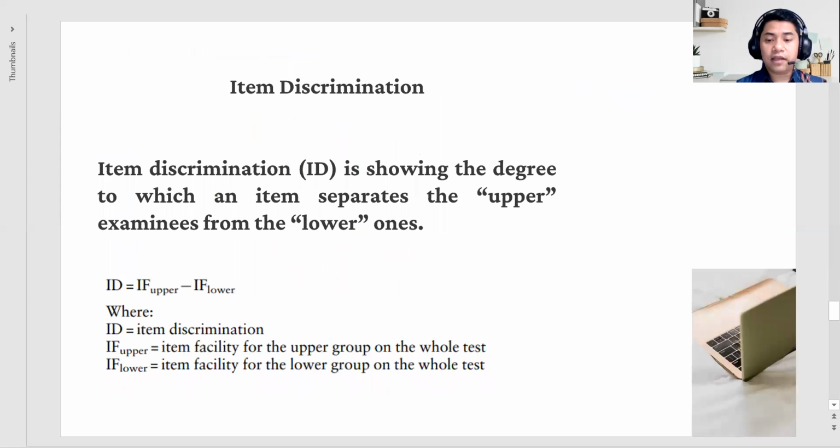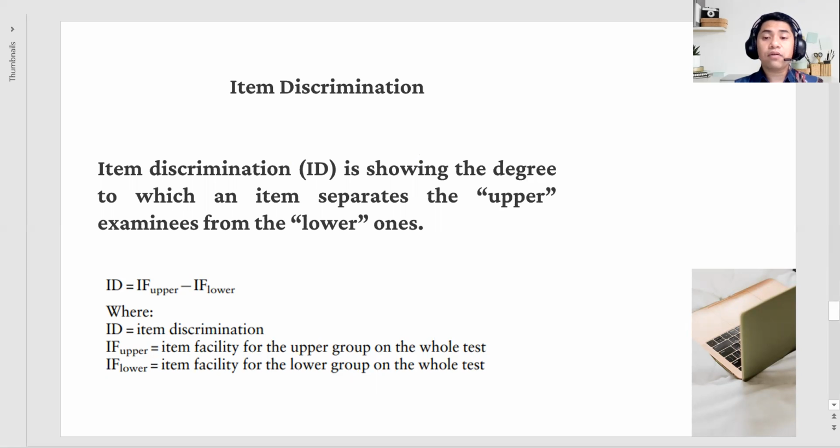Okay, so the next slide is about item discrimination or ID. It shows the degree to which an item separates the upper examinees, which are the students who get high scores, from the lower ones, which are the students who get lower scores. If we want to know the ID value, first we have to calculate the IF upper value and IF lower value.